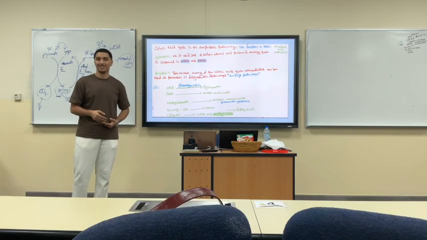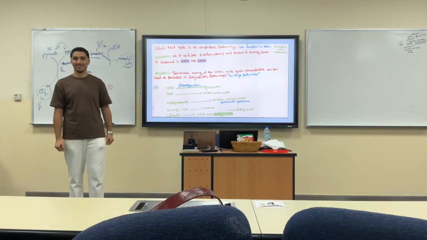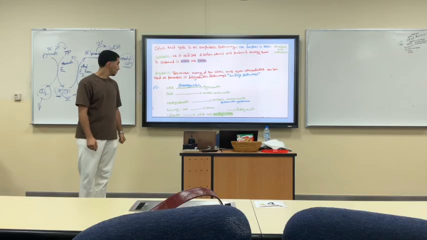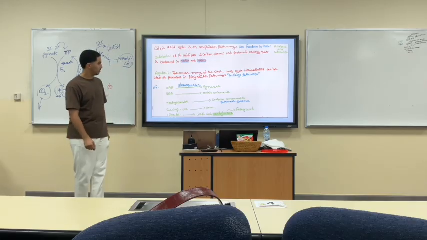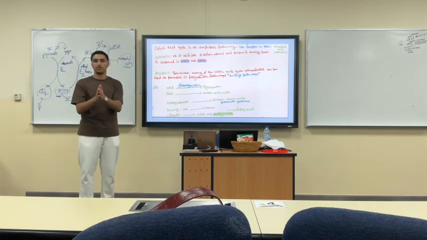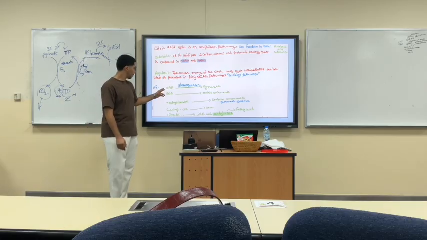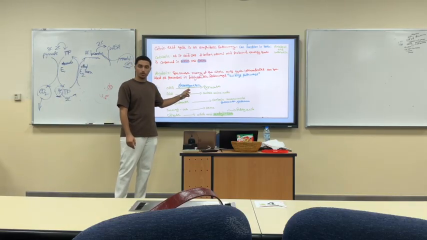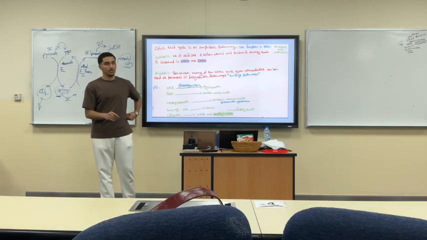I want to correct something. In gluconeogenesis, it's oxaloacetate to PEP, but at the end you will end with glucose. You convert oxaloacetate to phosphoenolpyruvate and then continue gluconeogenesis to produce glucose.